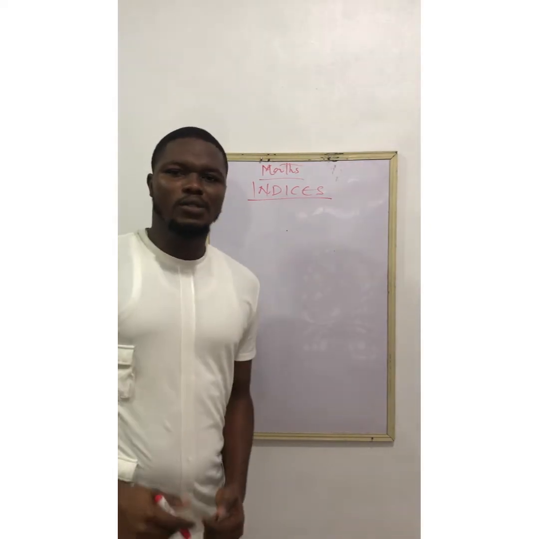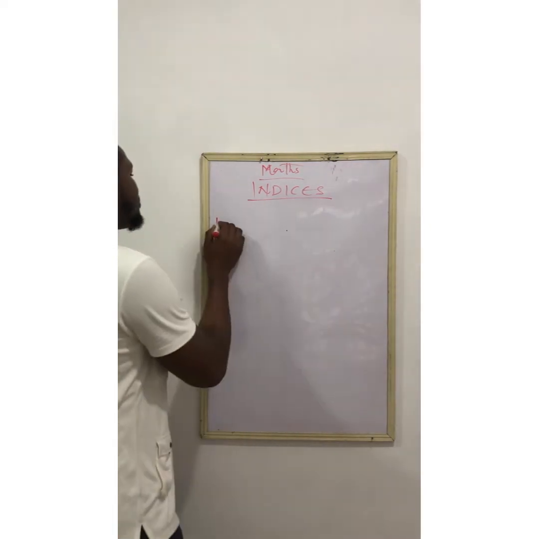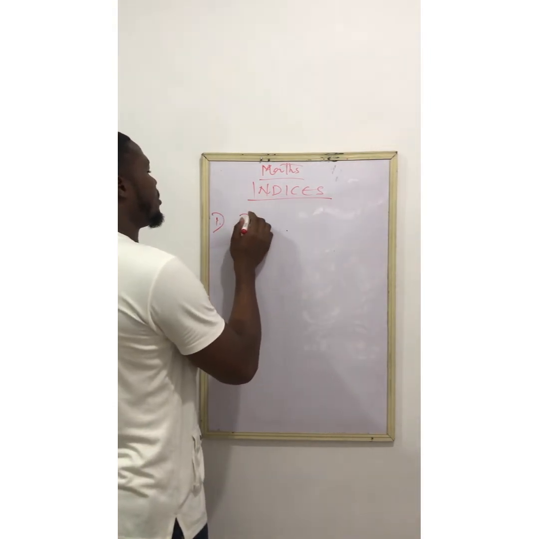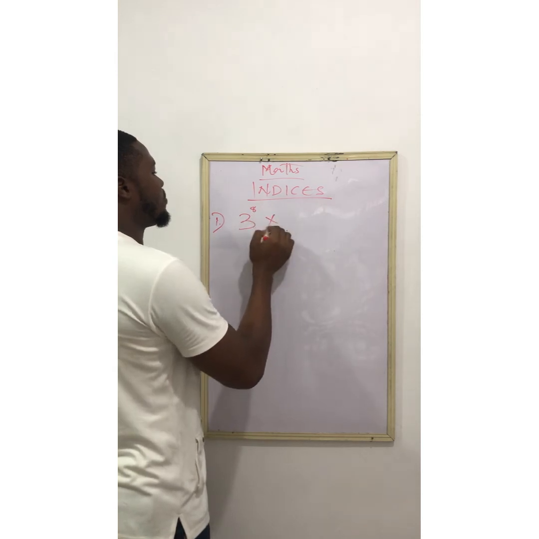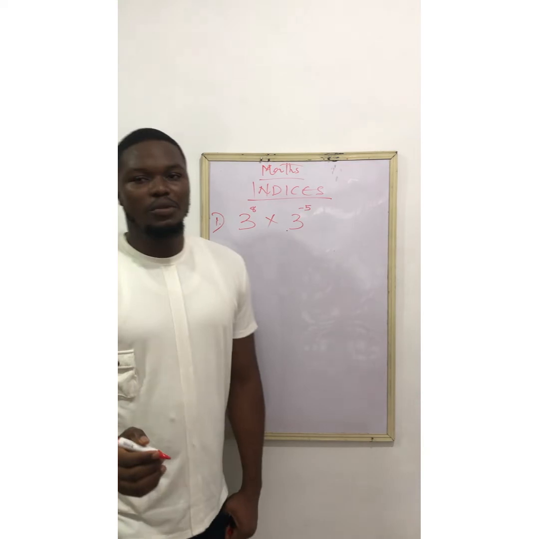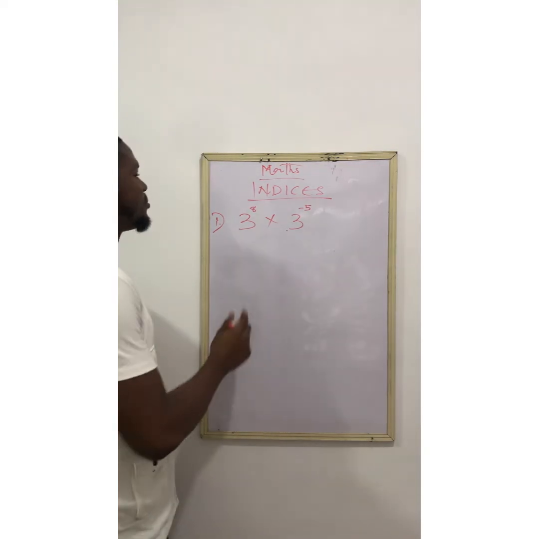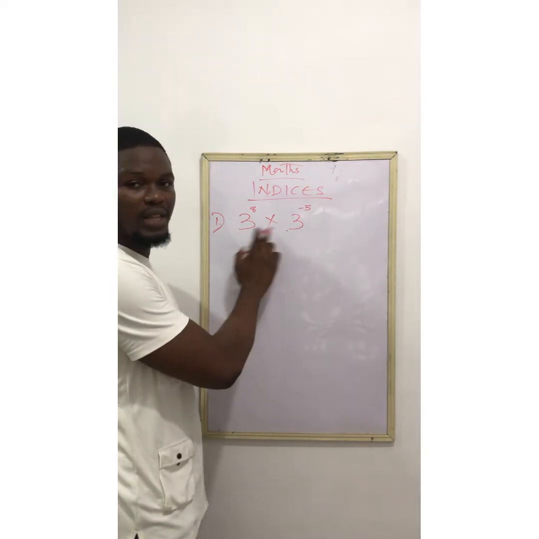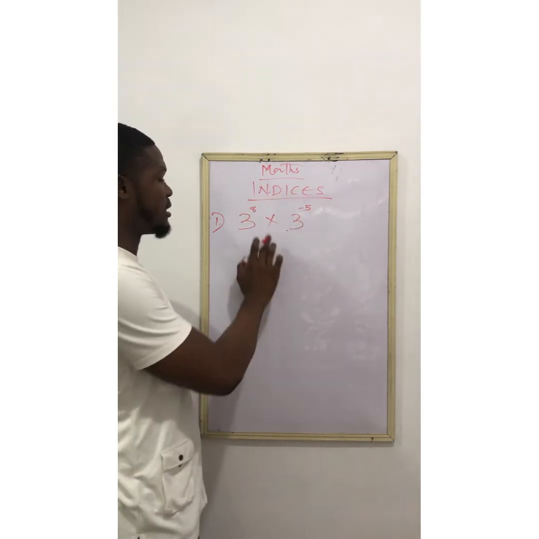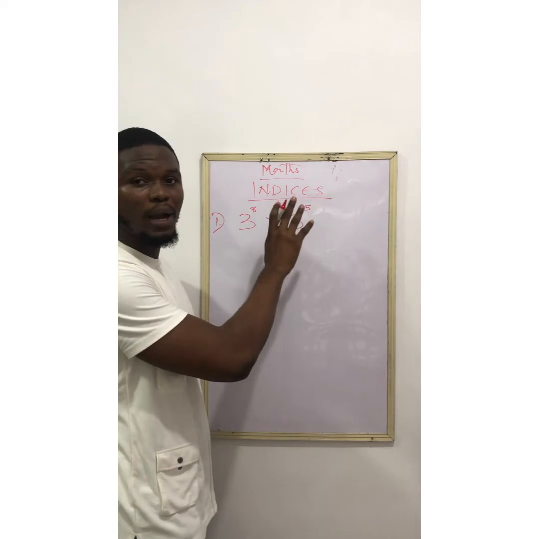Okay, so let's try some questions out. Number 1: if you have 3 raised to the power 8 multiplied by 3 raised to the power minus 5. Applying the first law of indices, because they are the same numbers, 3 and 3, you add their powers. Because it is multiplication, you add the powers.